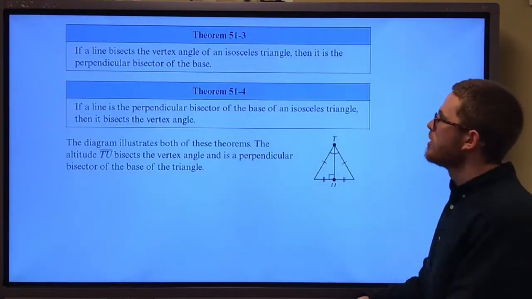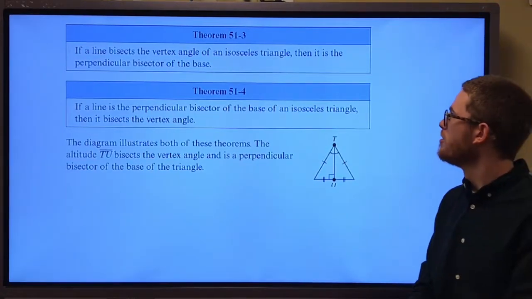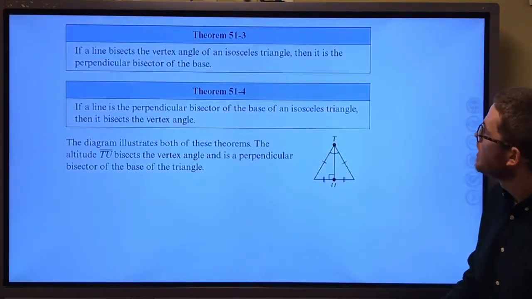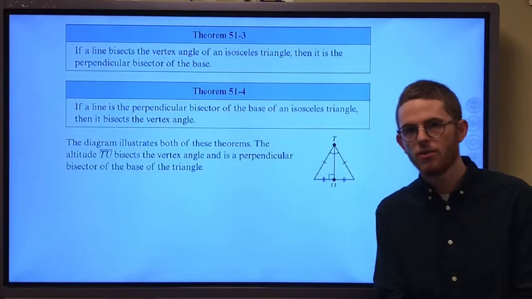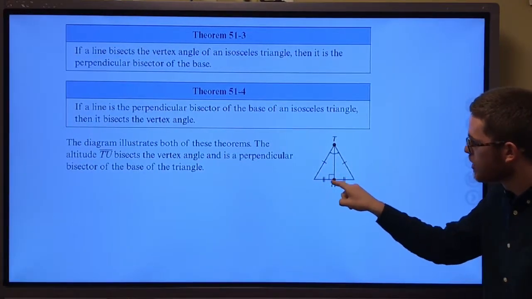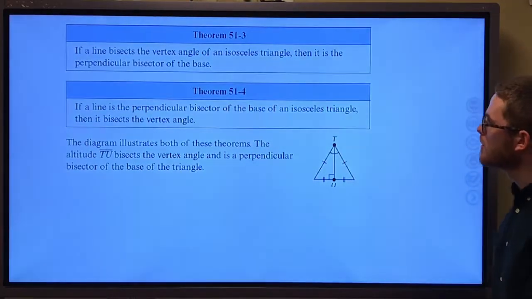Two more theorems for us. If a line bisects the vertex angle of an isosceles triangle, then it is going to be a perpendicular bisector to the base. That means it is going to be at a right angle to the base. It's going to split it into two equal parts.